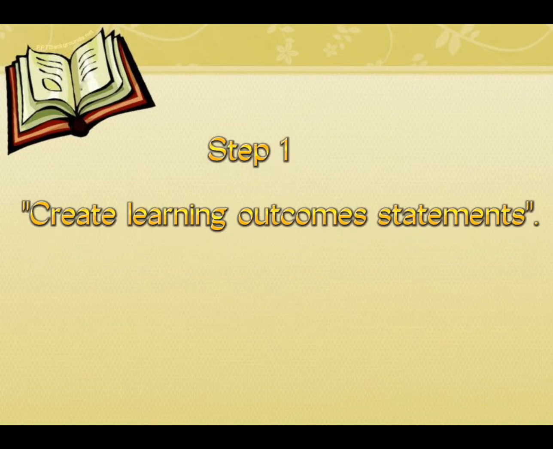Step 1, which is to create learning outcome statements. So these are the learning outcomes that describe what students should be able to do: abilities, to know knowledge, cognitive, and to appreciate, as well as in a certain unit.